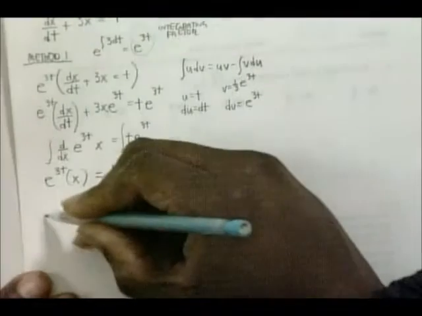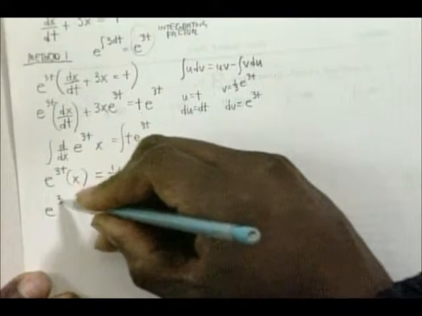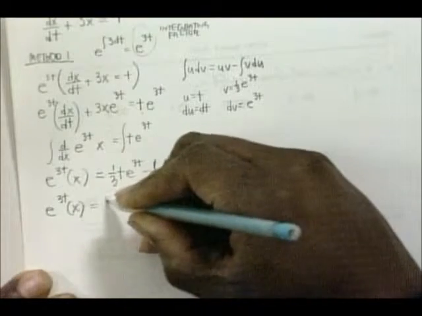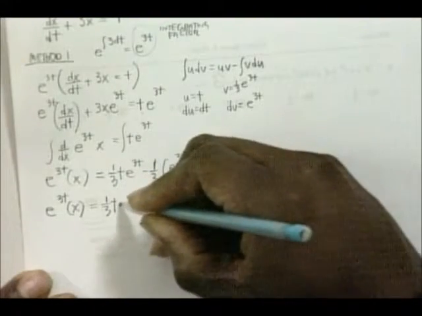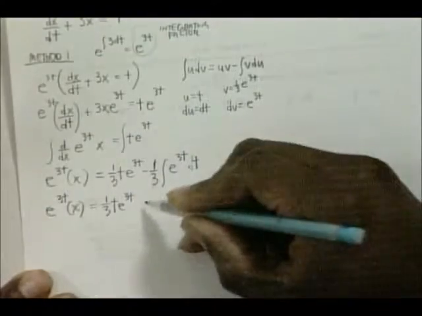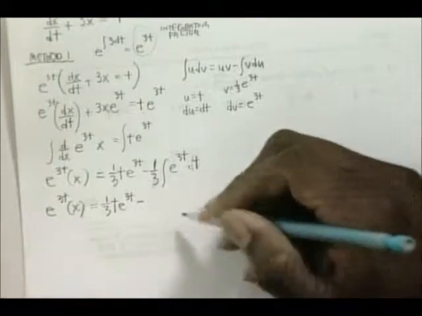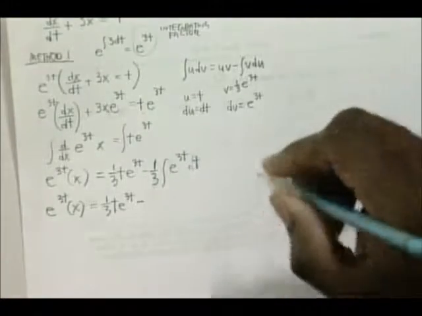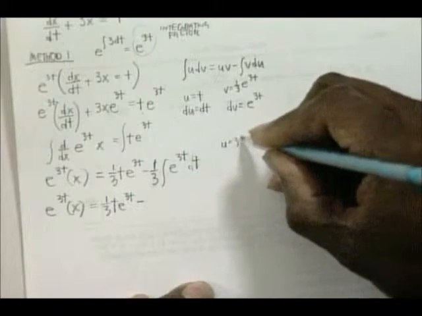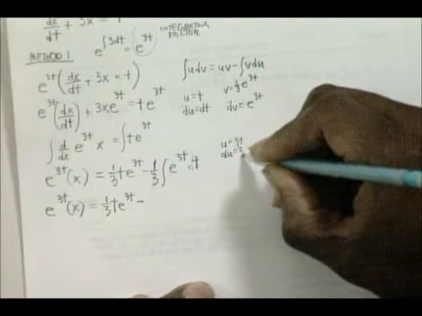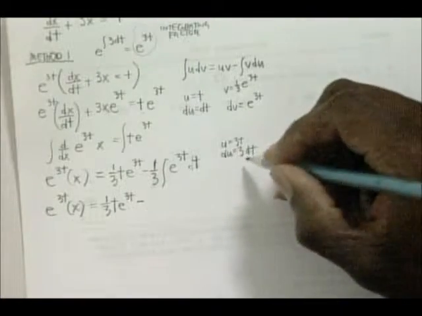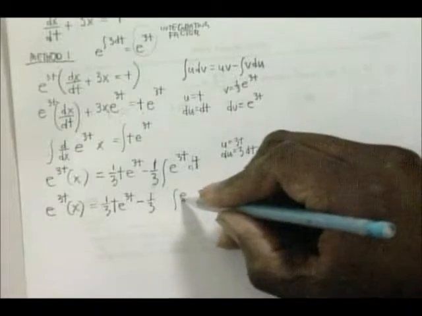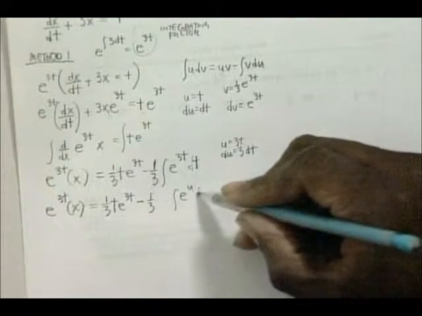So let's bring down the e to the 3t times x, bring down the 1/3 t e to the 3t, minus, we'd have to use u substitution here to take the antiderivative of e to the 3t. Make u 3t, du would be 3 dt, so we end up with 1/3, antiderivative of e to the u du.